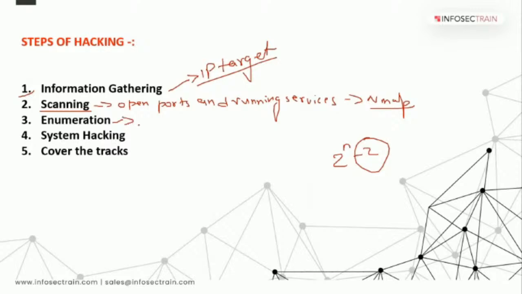You have auxiliaries, and using those auxiliaries you will find more information about the target. Now if you have enough information about the target, you will hack the system using the exploits. You will exploit the system, using different payloads.